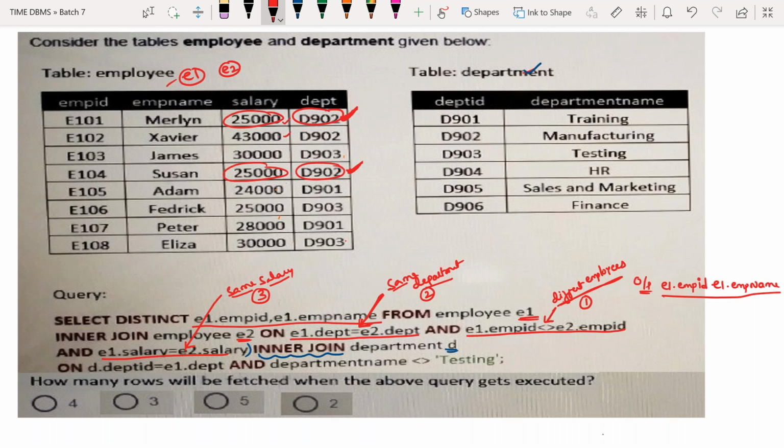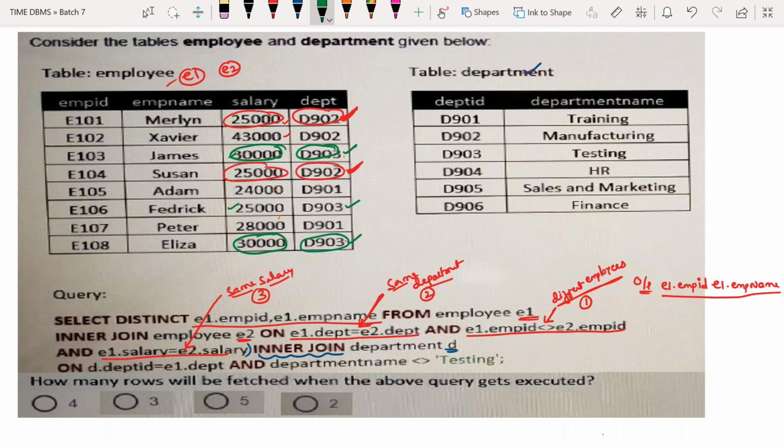Okay, now check with D903. It is 30,000, it is 25,000. Not correct. These two are D903, different employees of the same department with the same salary, 30,000.